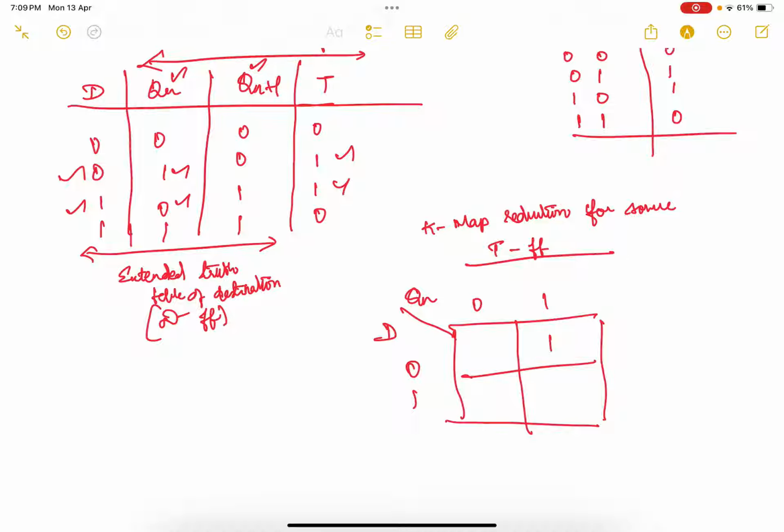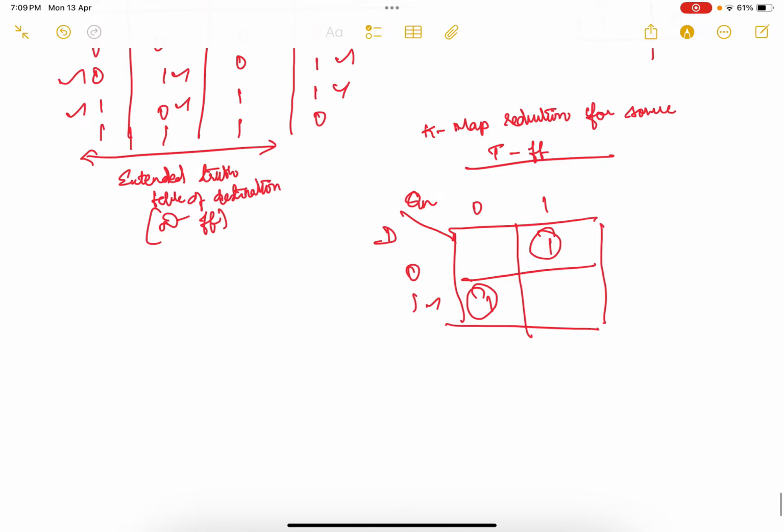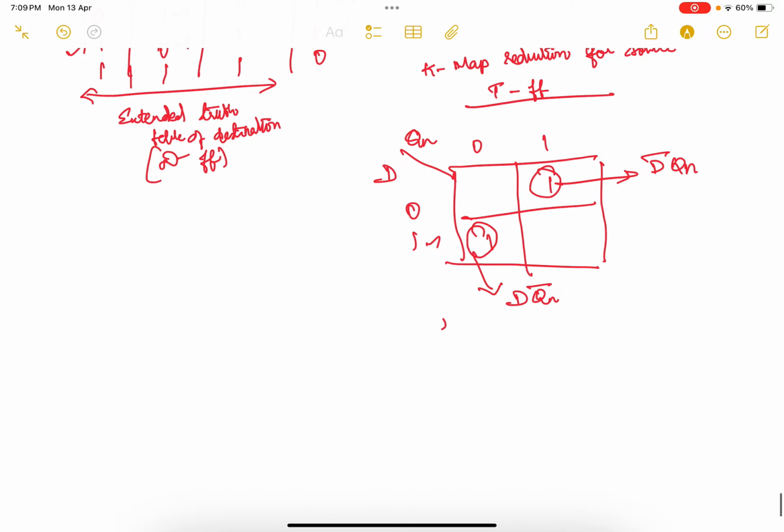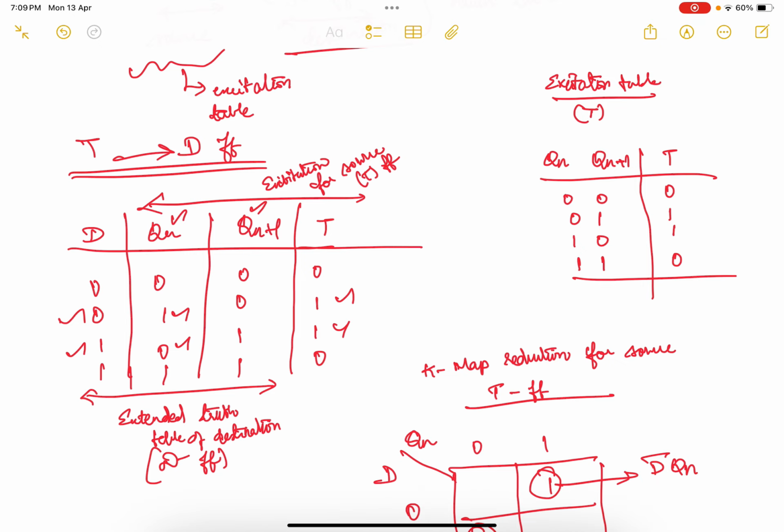And if the input is 1 and the present state is 0, my output is also 1. These are two single cells: D bar into Qn, and D into Qn bar. So T is D into Qn bar plus D bar into Qn. Now we are going to convert our T to D.